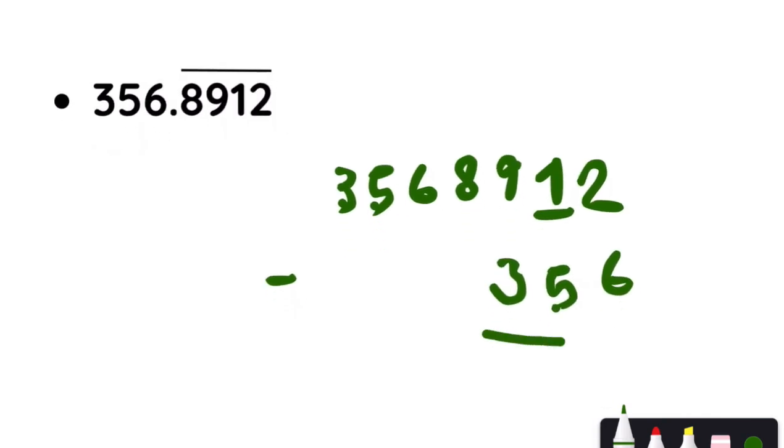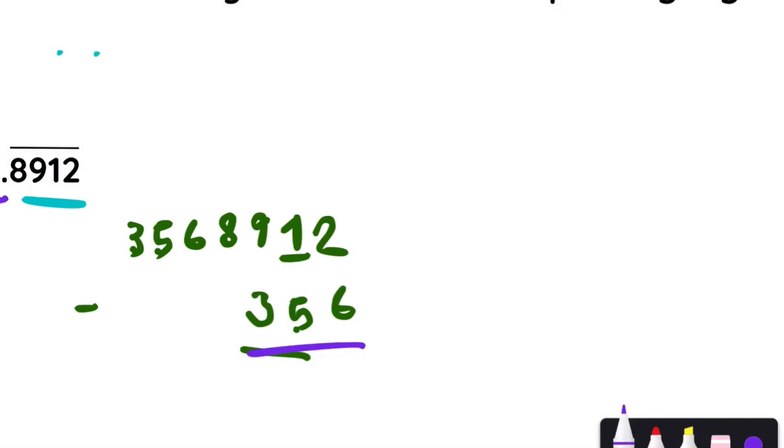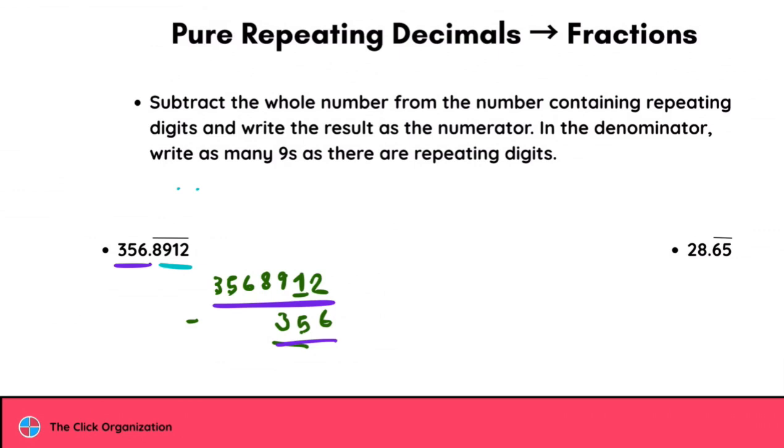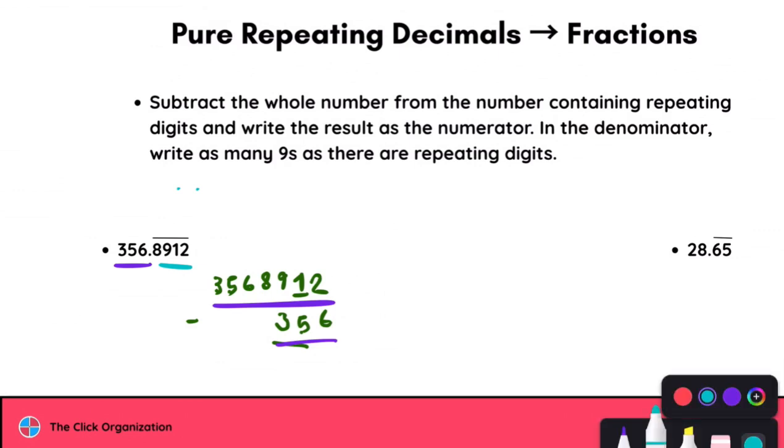Let me make it clear for you. The whole number part is this, and the repeating decimal part is that. These are all the numbers together, combined. I use the color blue for this.